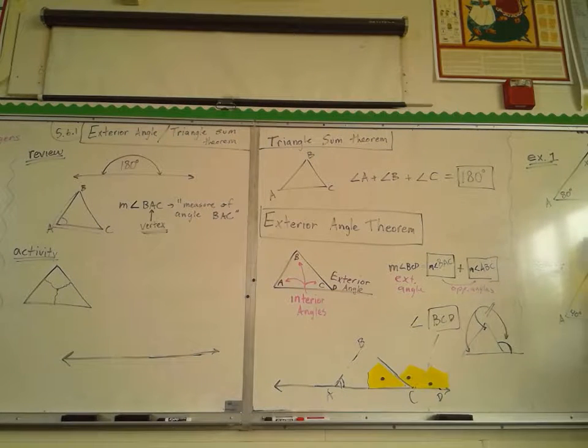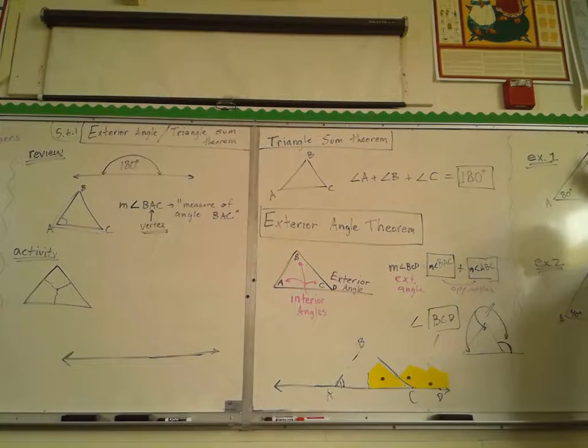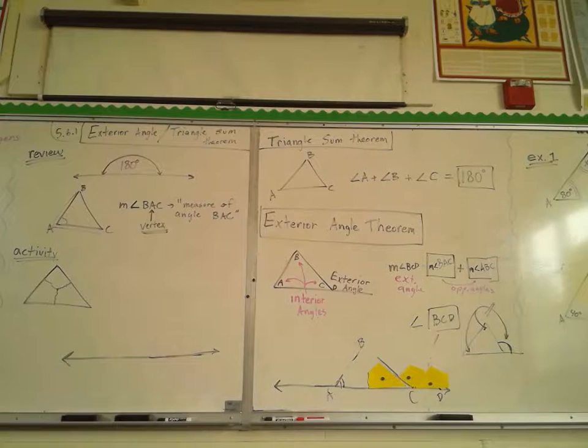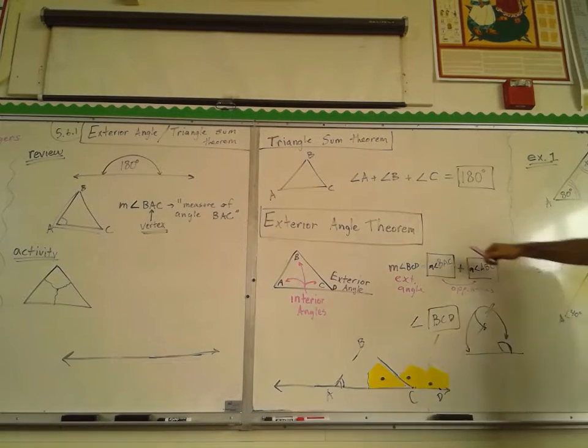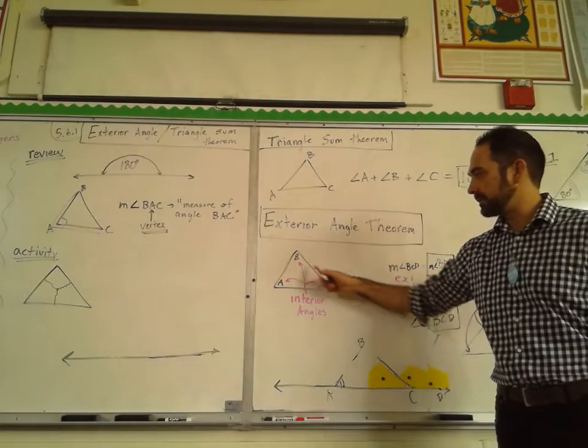This one, and this one, right? Okay, so if we add this one and this one, it's equal to 130. So I go 130 is equal to 80 plus x. You see why? Because the relationship, we know that the exterior angle is equal to those opposite angles added together.